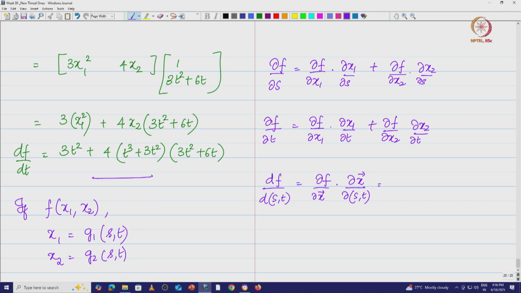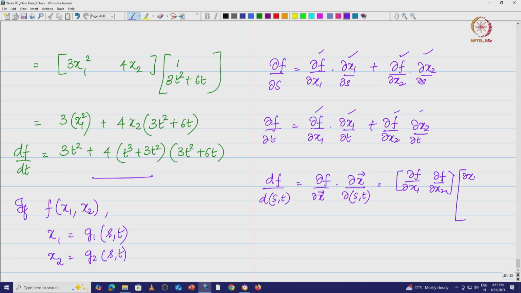I am going to pull that gradient out. This is of the form a1 x1 plus a2 x2, b1 x1 plus b2 x2, which is again a matrix form. So, I am going to write this as the gradient, dou f by dou x1, dou f by dou x2, into this matrix. What is that matrix I am going to get?